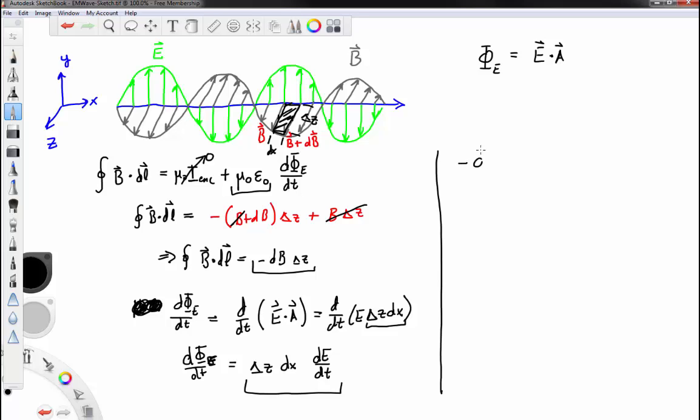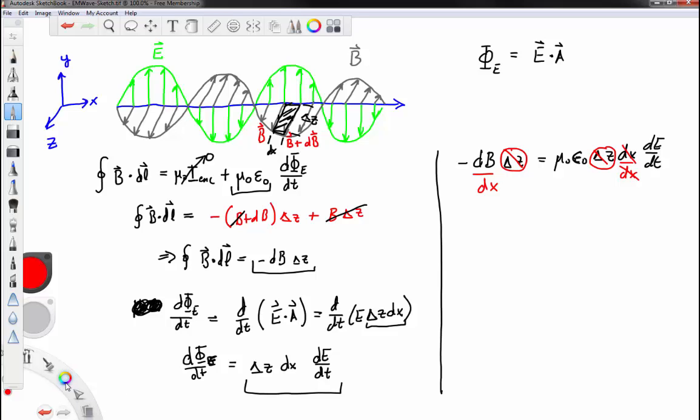So we have negative dB delta Z is equal to mu naught epsilon naught times delta Z times dx times dE by dt. And again, there are delta Z's on both sides, so those cancel with each other, and we can divide both sides by dx, which gets rid of the dx over here.